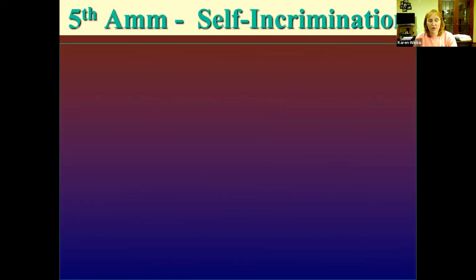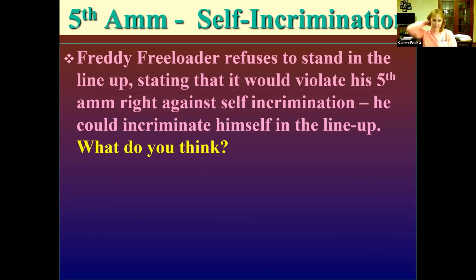And we know from the Fifth Amendment, we have the right against self-incrimination. So if we're standing in the lineup, aren't we incriminating ourselves? So if Freddie Freeloader refuses to stand in the lineup, saying that it violates his Fifth Amendment right against self-incrimination if he stood in the lineup.